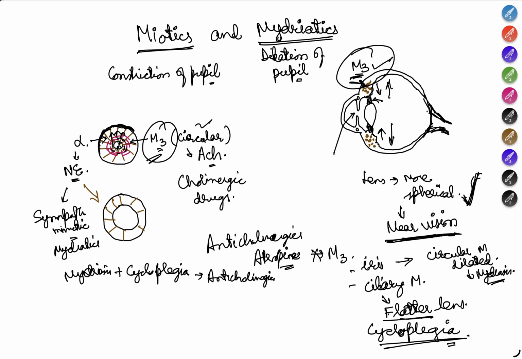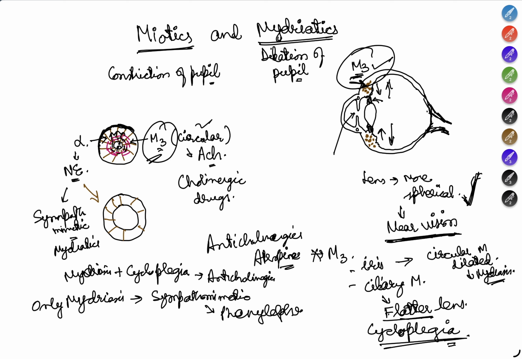Okay, and if you want only mydriasis, it is better to go for a sympathomimetic drug. Okay, a sympathomimetic drug which is commonly used for this purpose is phenylephrine. Okay, so that is one important thing.